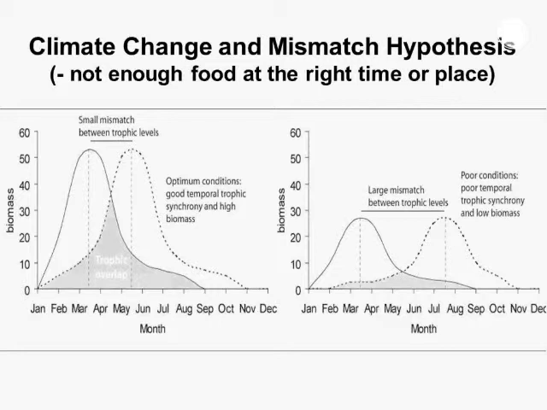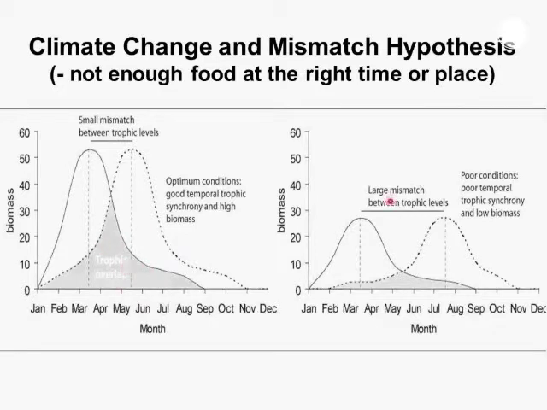So that these two things happen at the same time. So under optimal conditions, if you will, so not climate change, there would be a small mismatch. So, or lots of overlap, if you will, between the timing of when the fish need their food or when the birds need their food and the availability of their food.